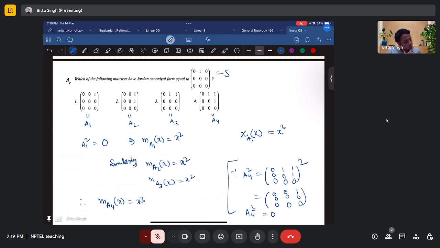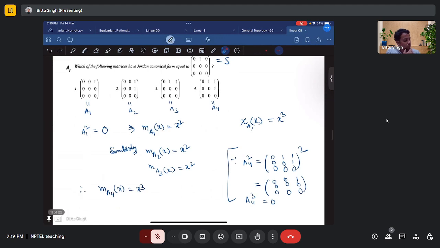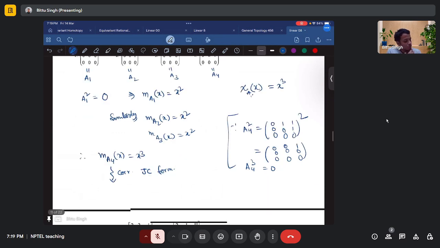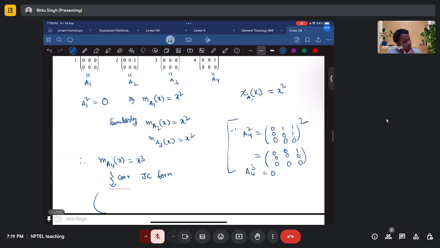So for A4, what will be the Jordan block for A4? Let me denote the corresponding Jordan canonical form, JC form it is called, by J4. We see that the characteristic polynomial is x cube, that is, 0 is the eigenvalue. So we just put 0 in the diagonal.